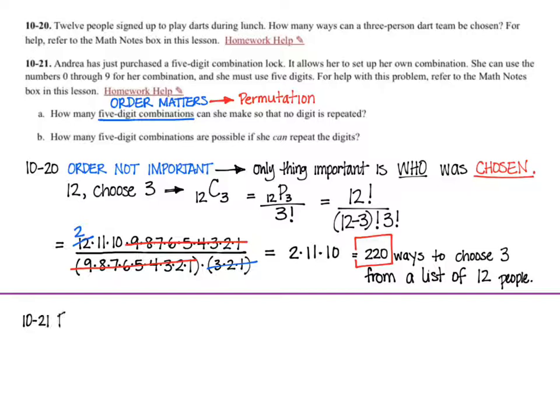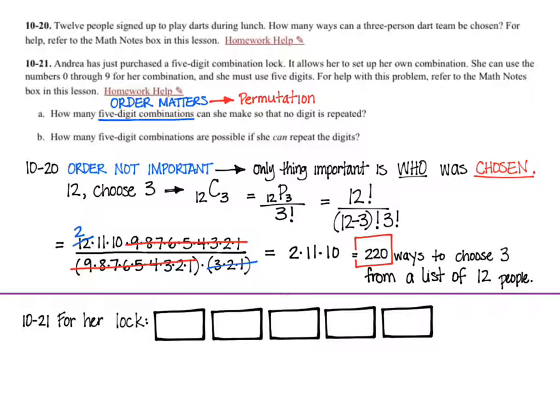So in this problem, for her lock, there's going to be 5 different numbers that she's going to put in there. And in the first position right here, you can have any of the 10 digits 0 through 9. So there's 10 choices, 10 possible digits, and you're going to pick one of these. And then in this next slot, we can't have a repeat.